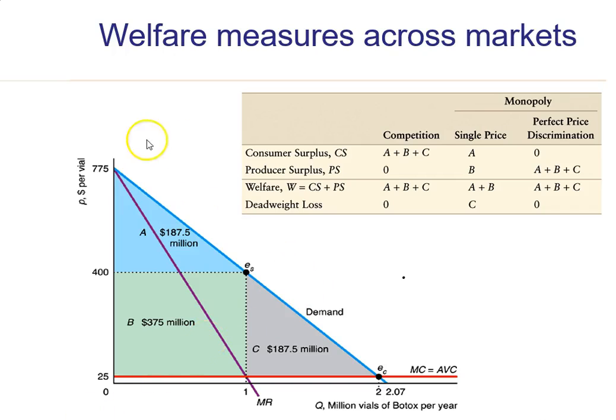And here's our problem. We've got a downward sloping demand curve and a marginal cost that's constant, and a marginal revenue curve when we're referring to a single price monopolist. There's an MR curve that's twice as steep as the demand. So let's first start with, hey, if this were a competitive industry, what would be the price and what would be the quantity?